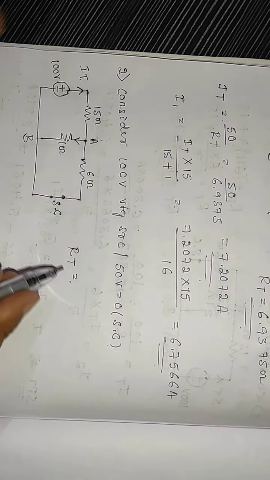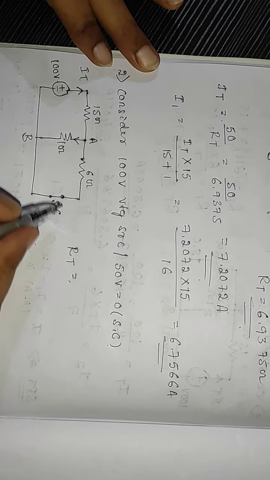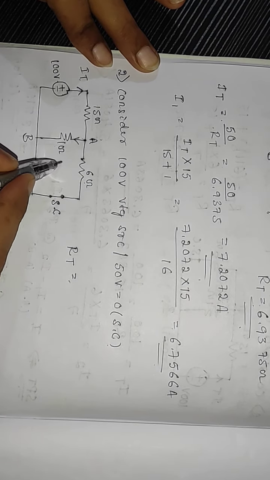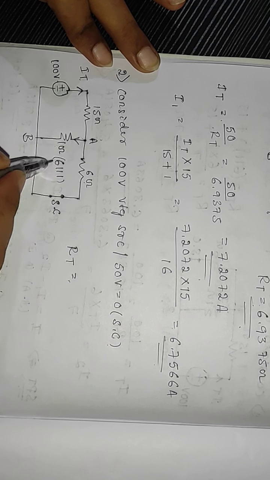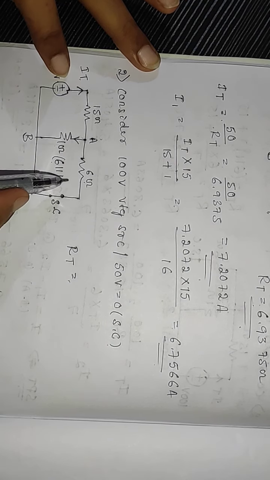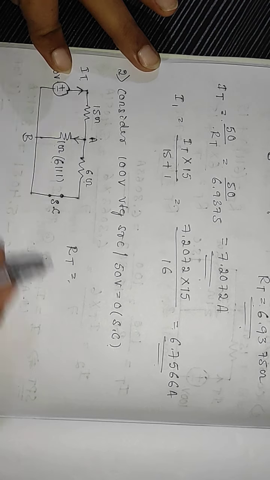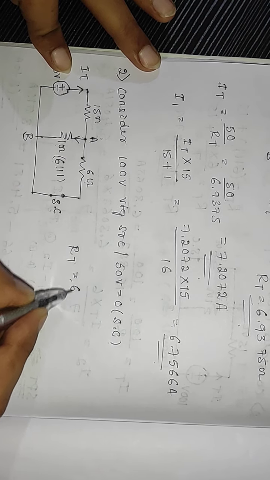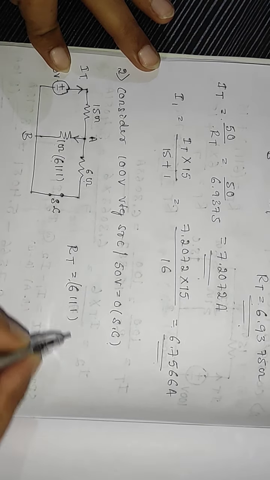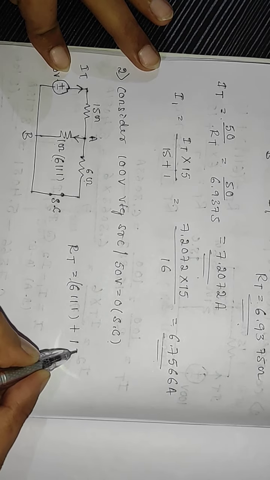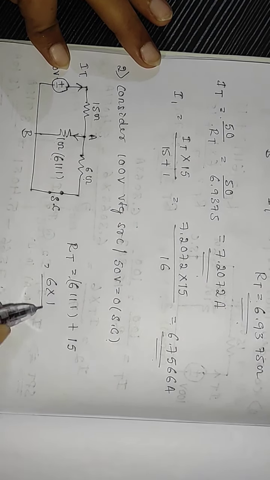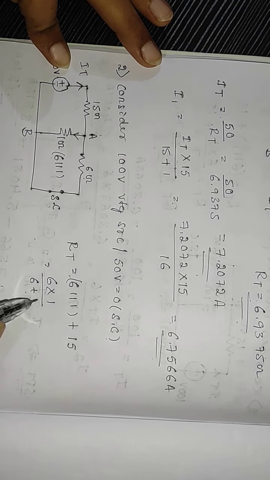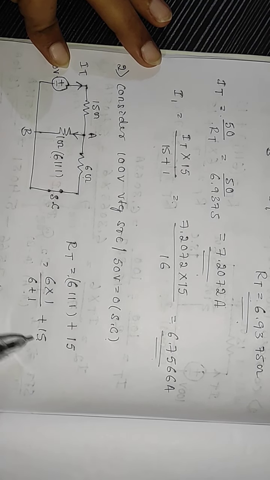The 6 ohm and 1 ohm are connected in parallel, right? This parallel combination is connected in series with this 15 ohm. So 6 parallel with 1 ohm, in series with 15 ohm: 6 into 1 divided by 6 plus 1, plus 15.